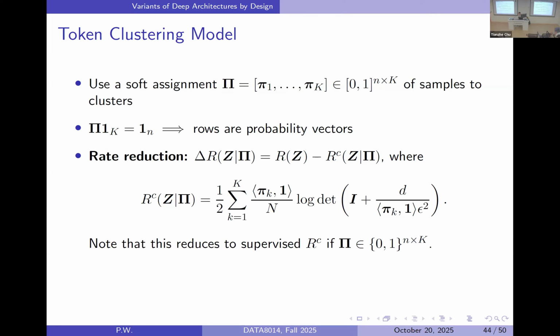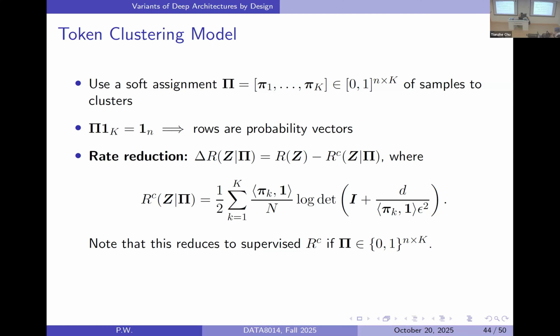Now, we will take a close look at how we can derive this objective and also derive a linear complexity transformer, the Token Statistics Transformer. In the last lecture, we applied this CRATE to the supervised learning task.